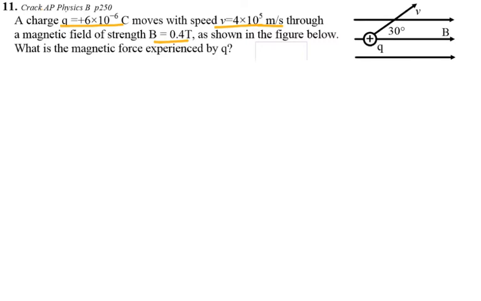So the force on the charge has the formula F equals QVB sine theta. In this case, the angle between the magnetic field lines and the direction of the charge is 30 degrees.